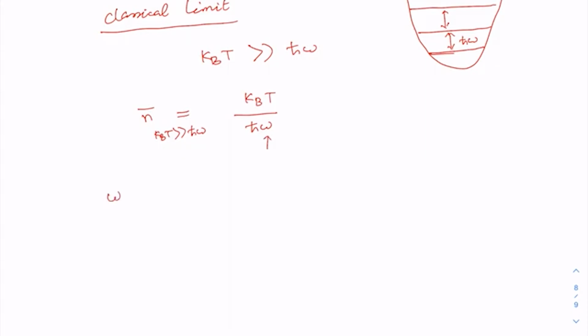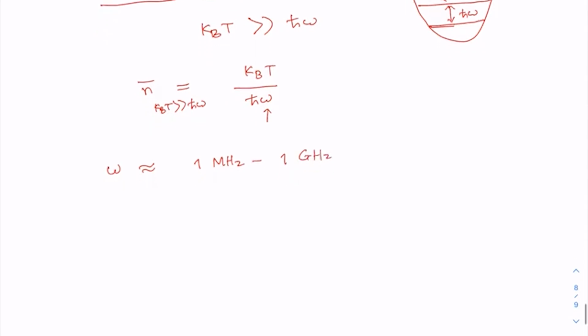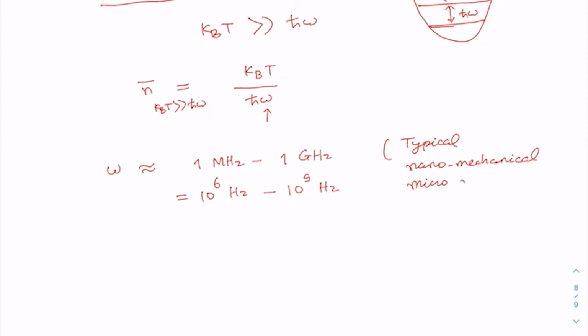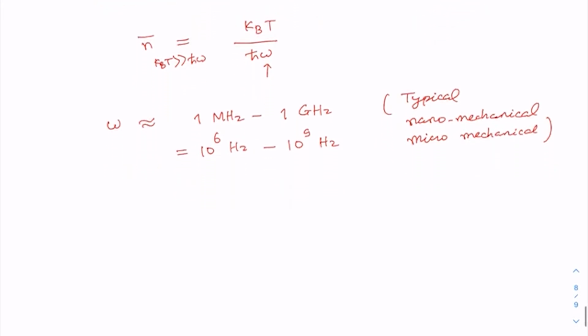So to give some examples, in typical micro or nanomechanical oscillators, the resonance frequency omega is basically in the range of 1 megahertz to say 1 gigahertz. 1 megahertz means 10 to the power 6 hertz, and 1 gigahertz refers to 10 to the power 9 hertz. So this is the resonance frequency for a typical nanomechanical or micromechanical oscillator.